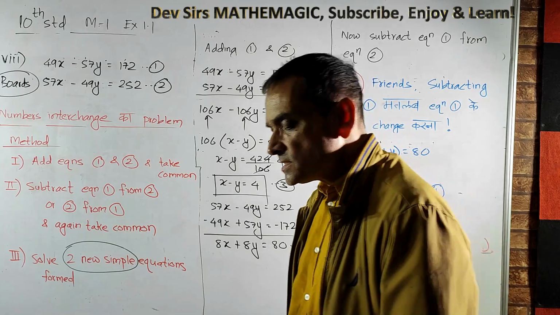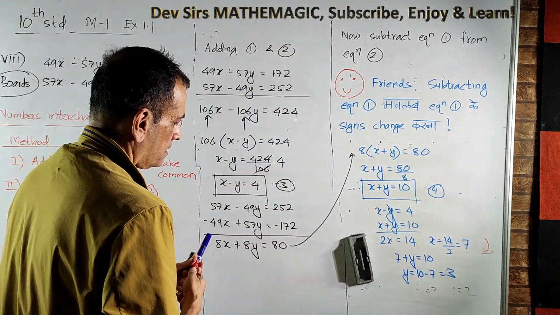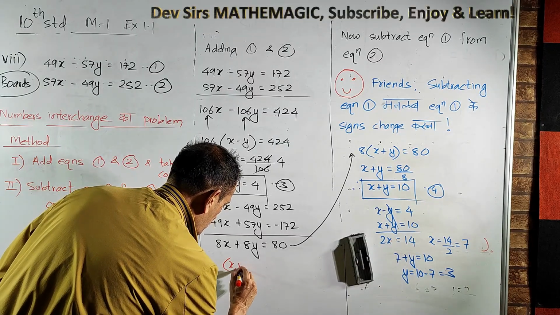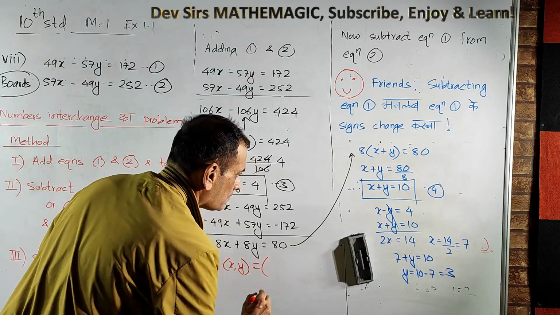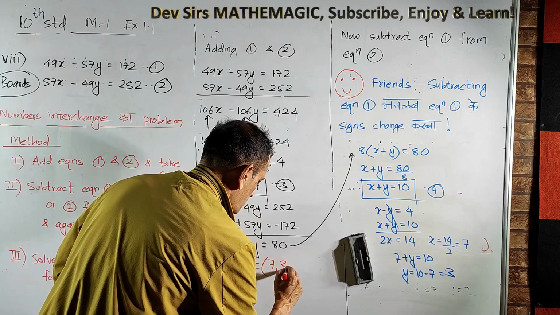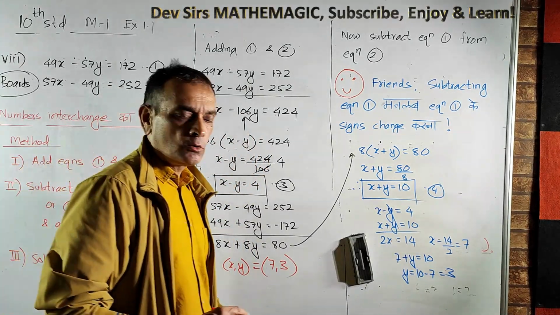So how do you write the answer? Solution set: x, y equal to 7, 3.